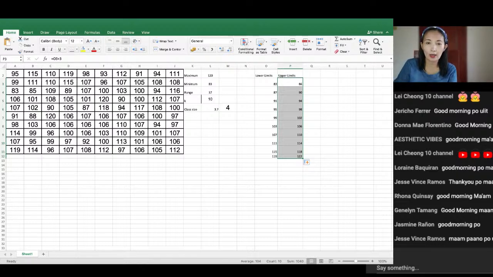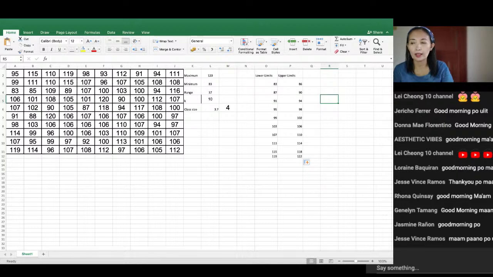So that's how to set up the class intervals: 83 to 86, 87 to 90, 91 to 94, 95 to 98, 99 to 102, 103 to 106, 107 to 110, 111 to 114, 115 to 118, and 119 to 122.